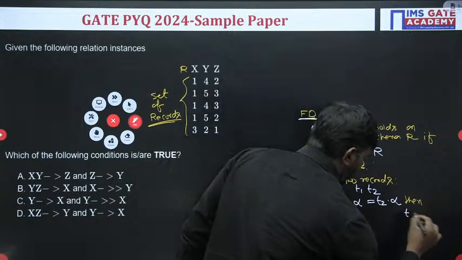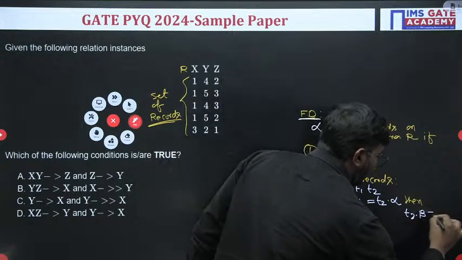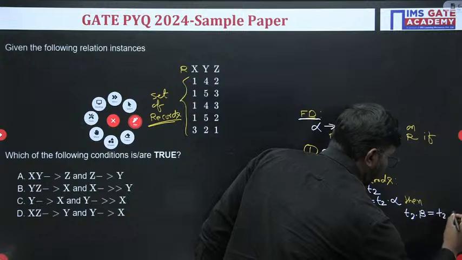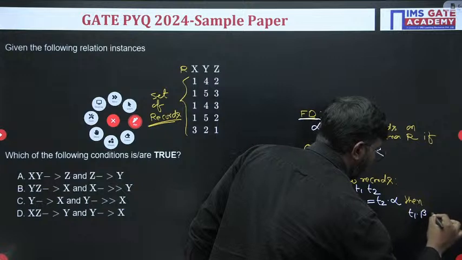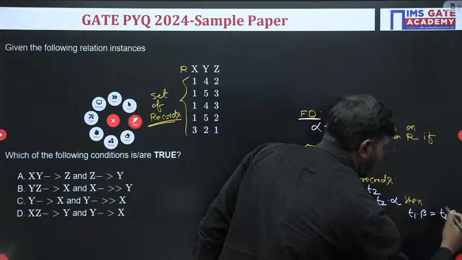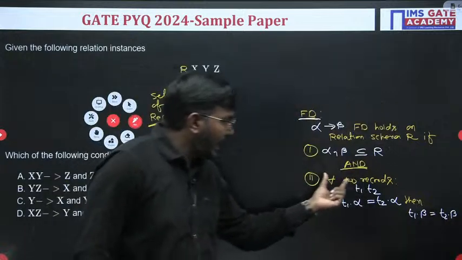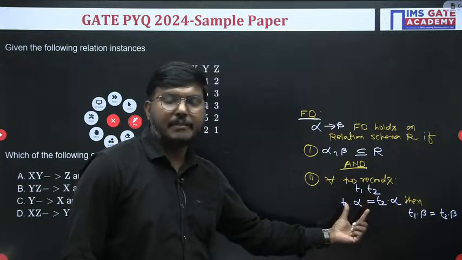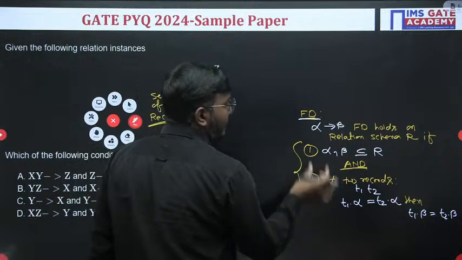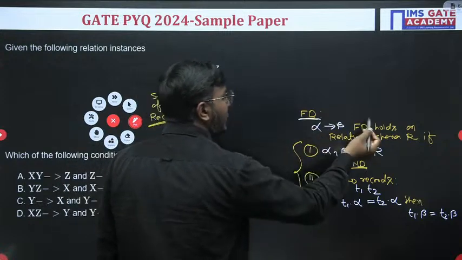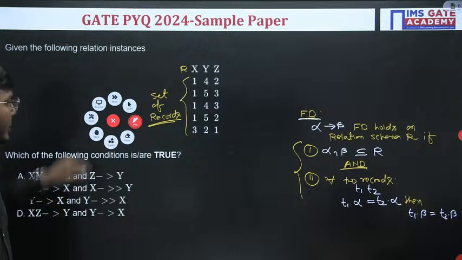It means T1 dot beta must be equal to T2 dot beta, fine. So for every two records, if the alpha value is the same, then the beta value must be the same. If these two conditions are satisfied for any FD, then we can say that the FD holds on the relational schema or the given instance, fine.